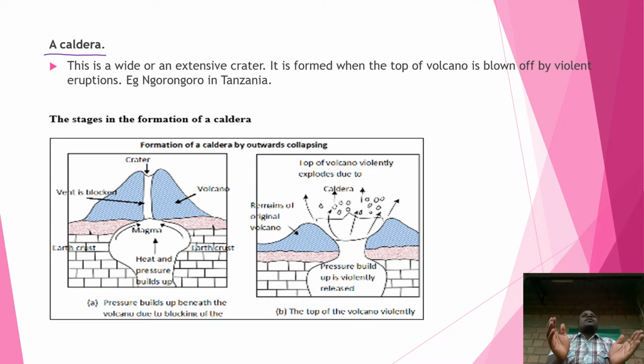The top of the volcano is blown off by destructive eruptions. So it may begin as a crater. Then after very destructive and violent eruptions, this crater becomes wide. Beyond the size of a crater, it becomes a caldera. So calderas are wide craters, in short.